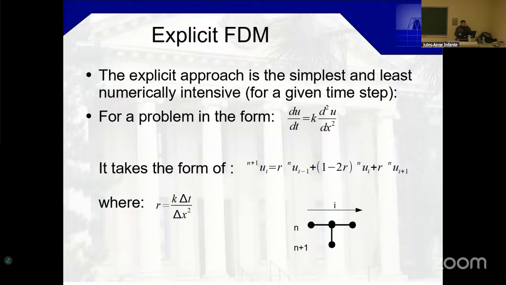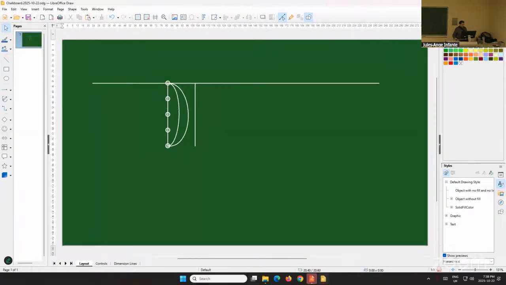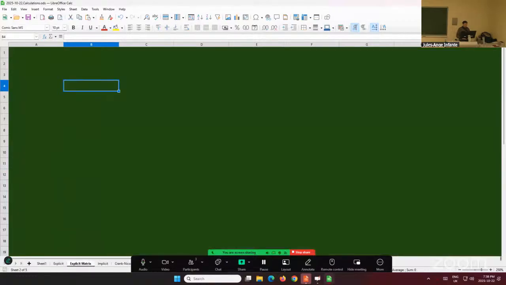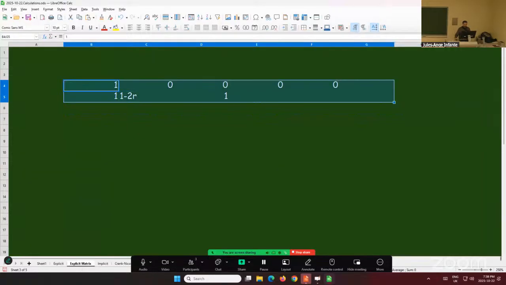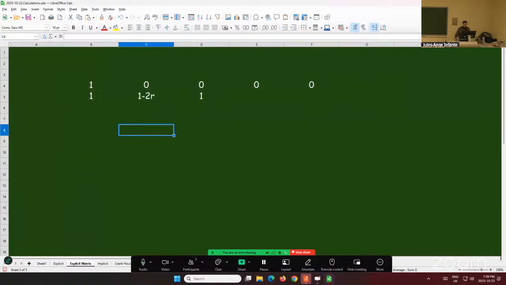We have an equation, then we have R, one minus two R, and R. If I were to have something in the form one for the first row, and then one minus two R, kind of in that form, what we end up with is a diagonal matrix.